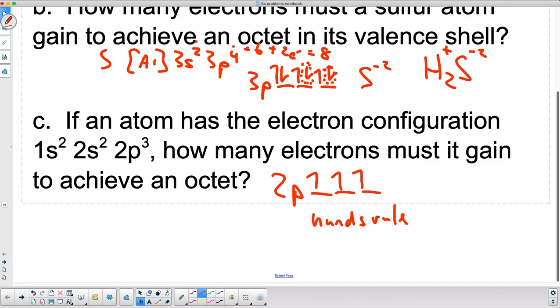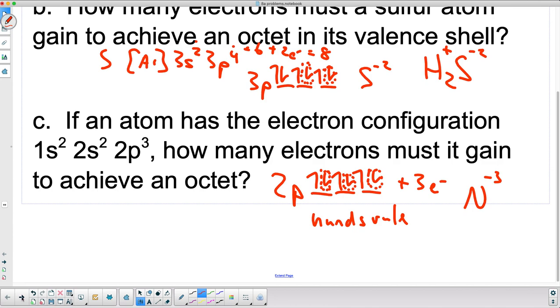So they will spread out across orbitals until they have to pair up, which means, getting back to the problem, I have 3 spots here where I can fit in an extra 3 electrons. So how many electrons must it gain to achieve an octet? Here we can gain 3 electrons, and this is why nitrogen as an anion has a -3 charge.